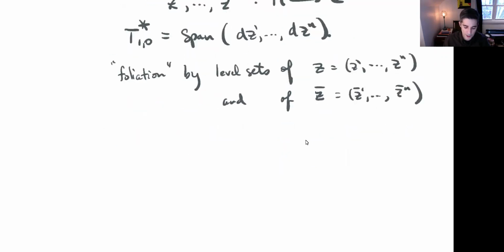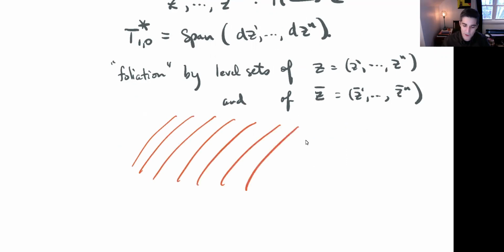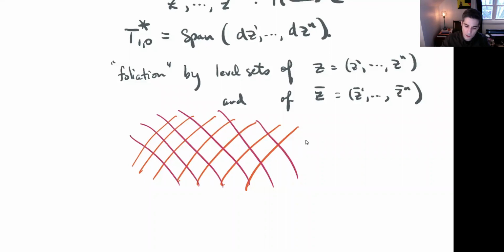It's not very accurate, but you could imagine that there are submanifolds where the tangent space is spanned by dz for one of the submanifolds, and the other one is spanned by dz bar.